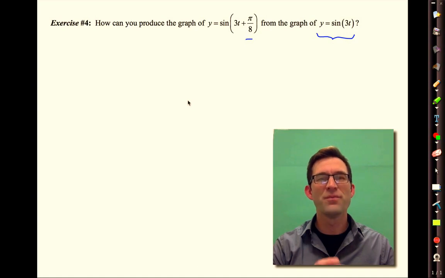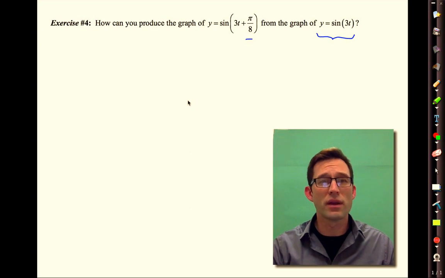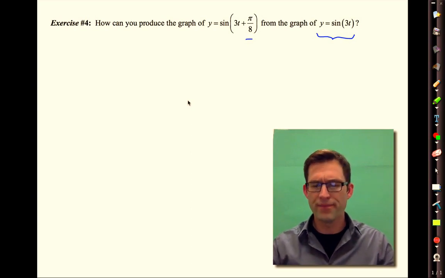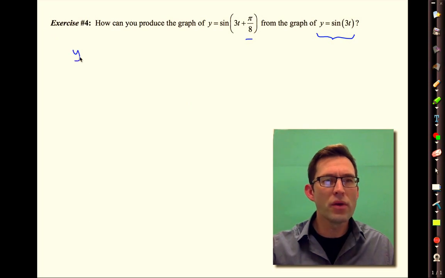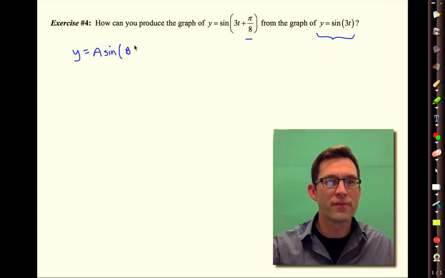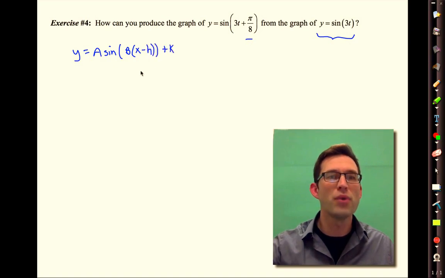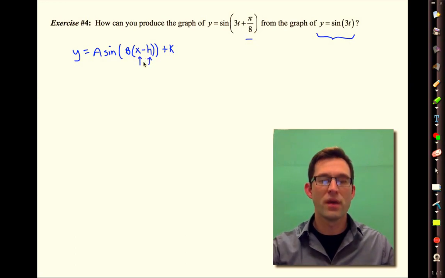All right, now, if you wrote down that you shift negative pi over 8 or pi over 8 to the left, I got some bad news. You're not correct. So if you said pi over 8 units to the left, what I'd like you to do is pause the video again and remember that when I'm looking at a sinusoidal model, to identify the horizontal shift, I have to know what I've either added or subtracted to the input variable before I've done anything else to it.